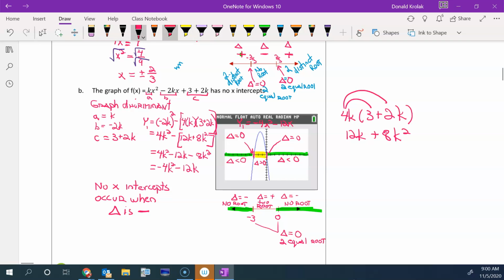So all I do on this problem, guys, is I look at what this is. No x-intercepts means no real roots. So my answer is going to be negative infinity up to negative 3, or 0 to infinity. Those are the values of k that would create no real roots.